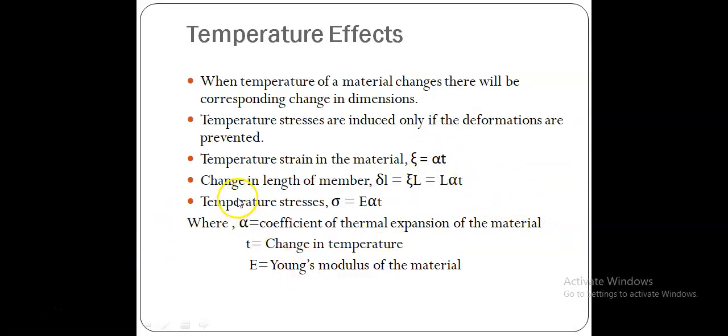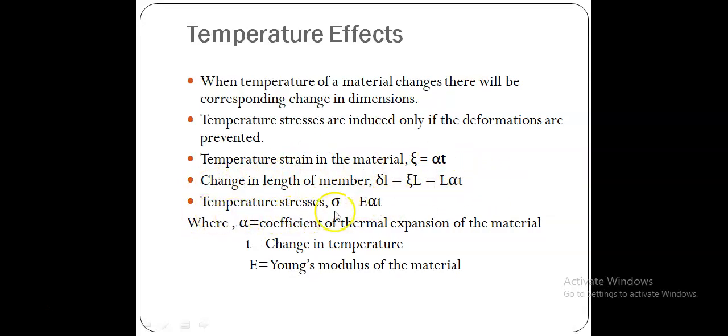So by knowing this strain, we can find the deformation of that member due to this temperature effect. That is, the change in length of the member, delta L, is equal to the original length into epsilon. Therefore, alpha T into L gives the change in length of that member due to temperature effects.